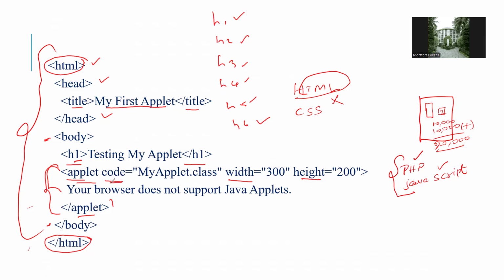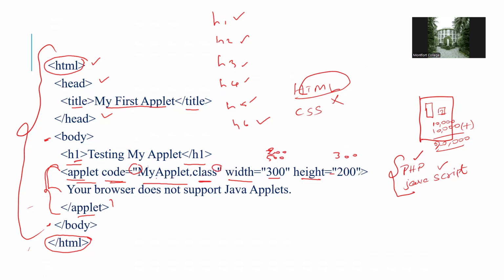The first attribute is from which program we are taking the class file, that we have to mention. So my applet is my code, dot class is the extension of that. So it should be enclosed with double quotes. Width is equal to 300. So here you can give 500 also, no problem. It's your choice. You can give 200 also, that's your choice. And here you can give anything, your choice.